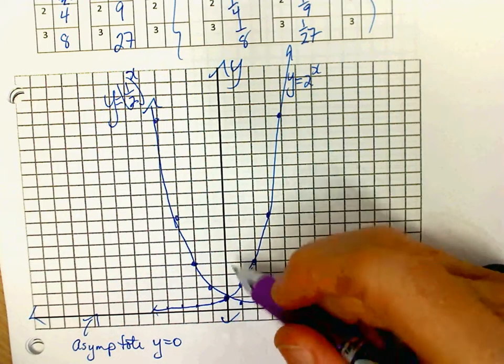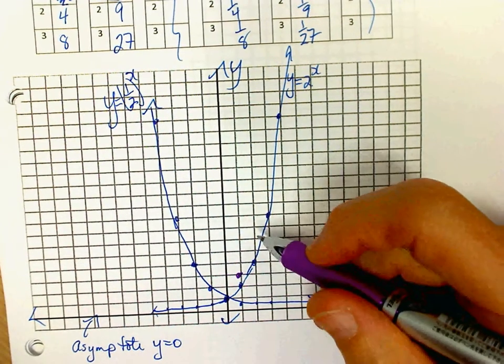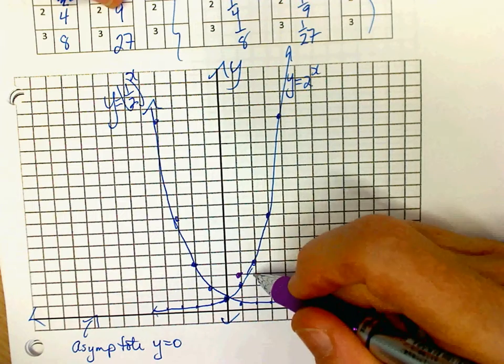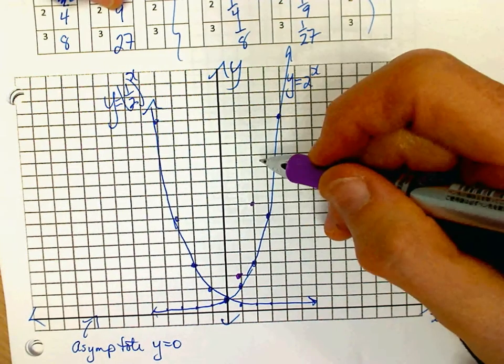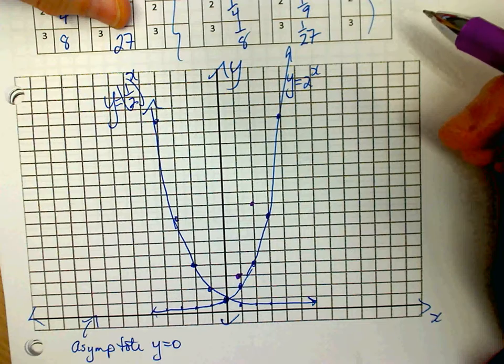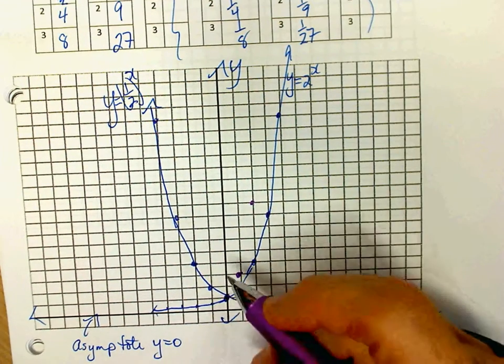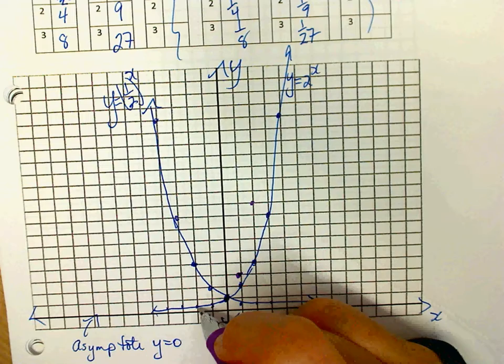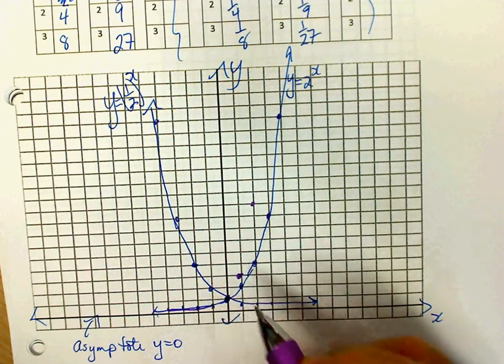When x is 1, y is 3. When x is 2, y is 9. And when x is 3, it's 27, but that will go off the grid. It comes down here, and here it's a little closer than the other graph, but not quite touching.